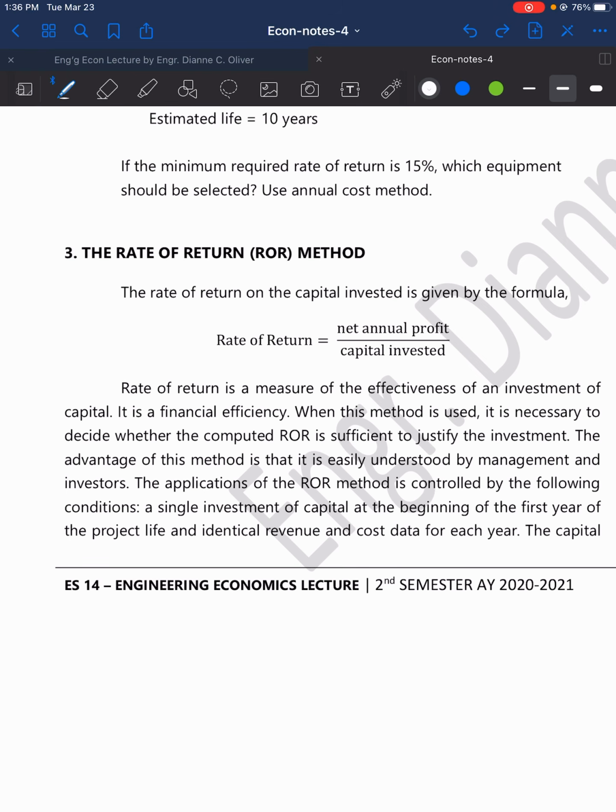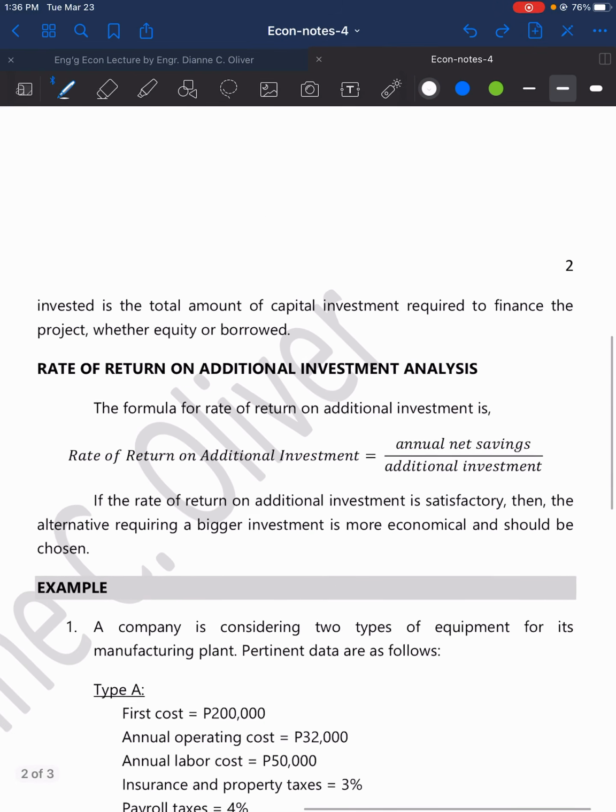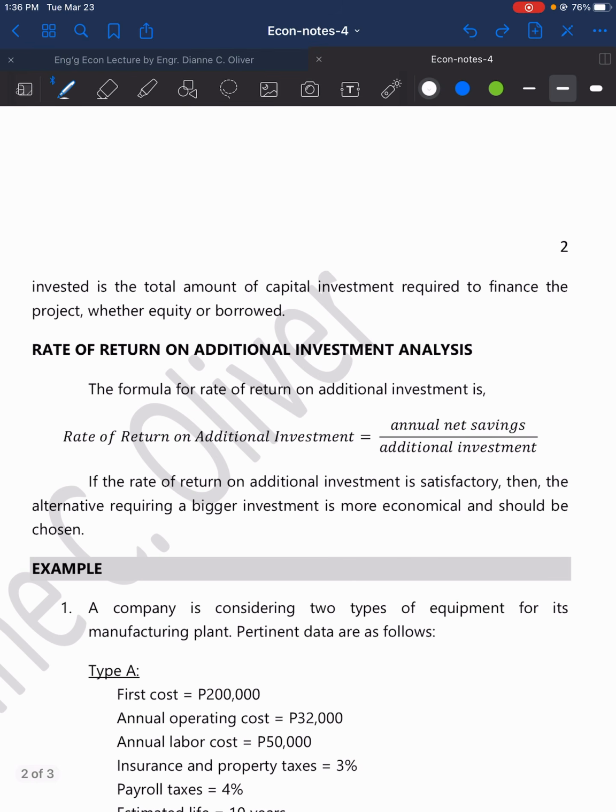The application of the ROR method is controlled by the following conditions: a single investment of capital at the beginning of the first year of the project life, and identical revenue and cost data for each year. The capital invested is the total amount of capital investment required to finance the project, whether equity or borrowed. Rate of return on additional investment analysis.